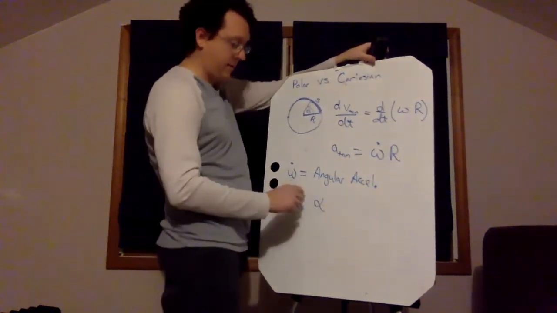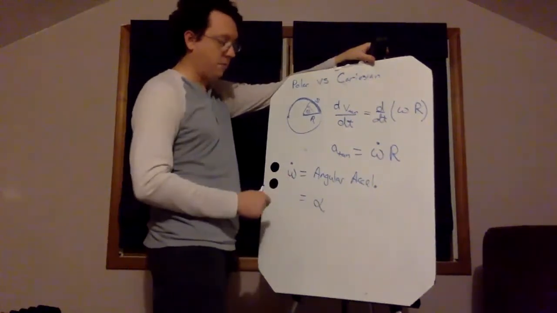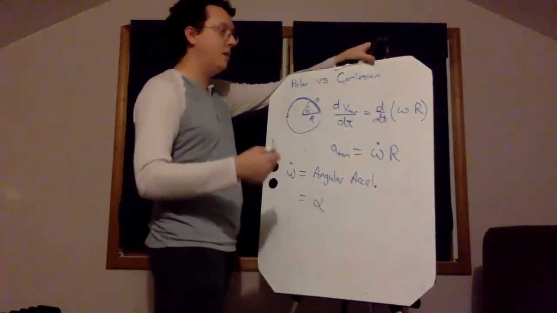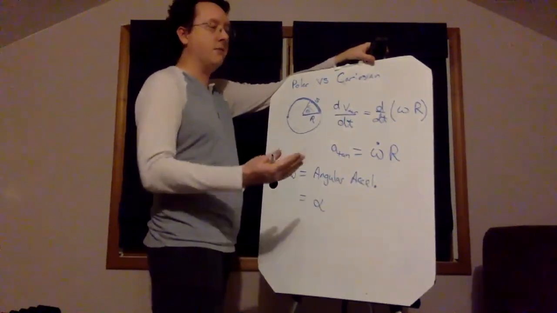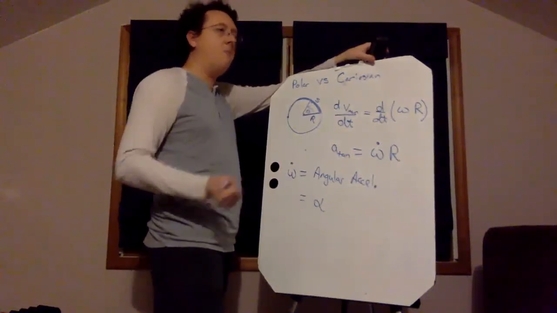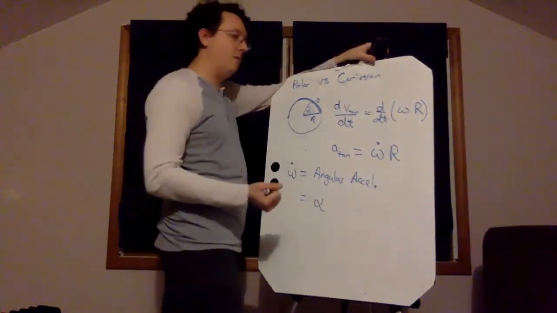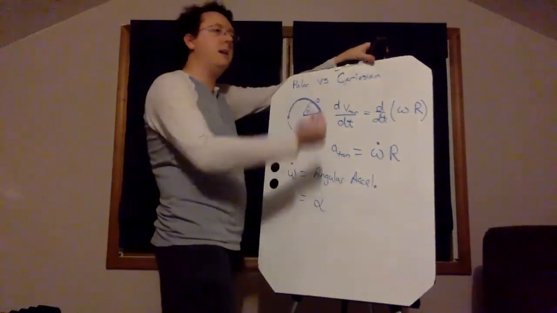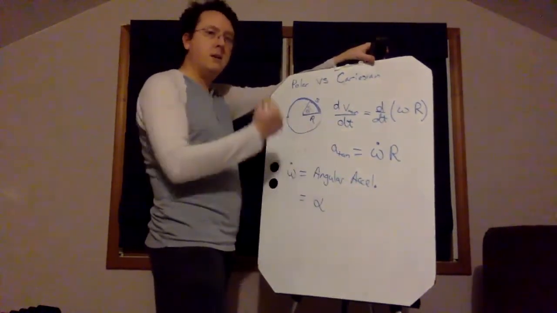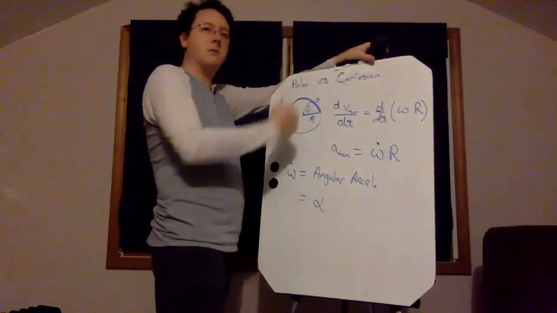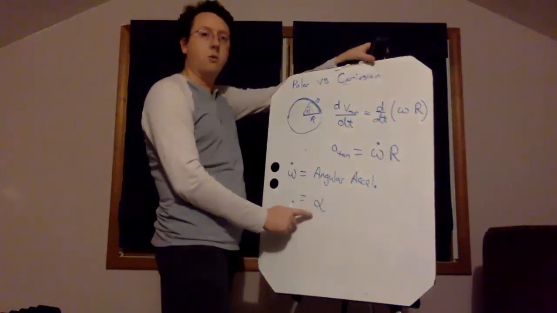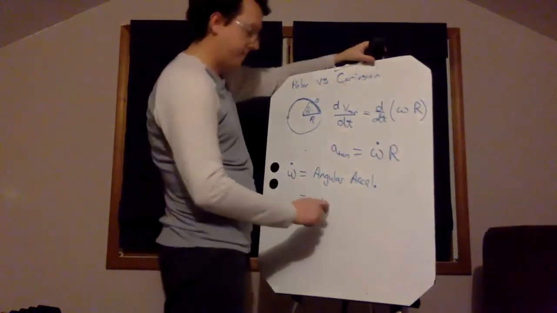Alpha is what we use to represent the angular acceleration, and it represents the rate of change of the angular velocity. It basically measures whether you are rotating at a constant rate, or going faster, faster, faster, or slower, slower, slower. This is going to be the quantity that torque affects.